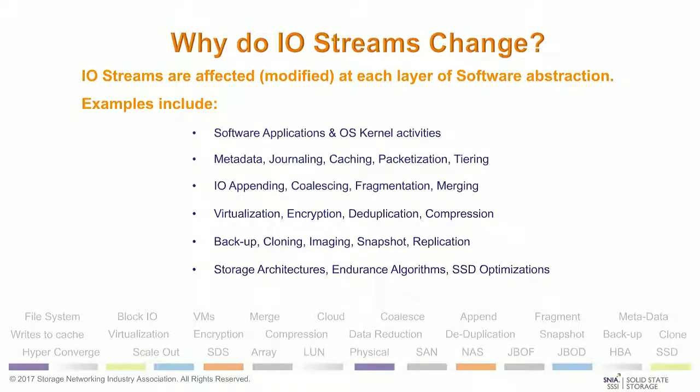An example can be if I have a random 4K write, a small fragmented block size, it may go to the system cache and reside there and then be coalesced with other 4K writes to send a more efficient 16K write to the SSD because the SSD has a 16K page size.